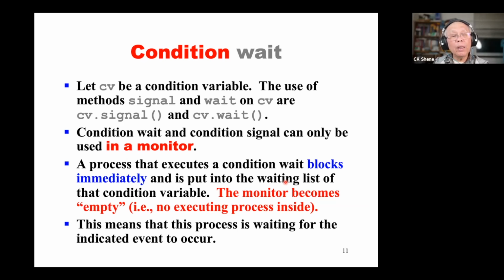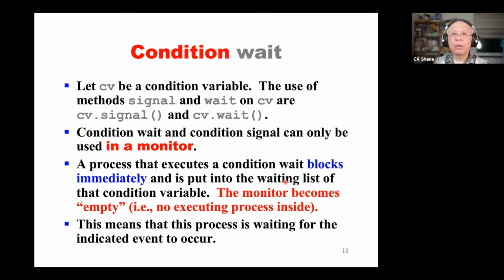So what is the consequence? The consequence is simple. Because the monitor now is empty, no one executing there, the monitor mechanism will find out whether there are other processes waiting outside. If there are someone waiting outside, one process or one thread will be allowed to enter the monitor.